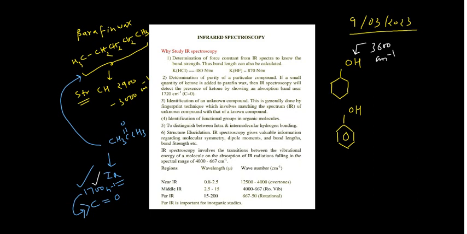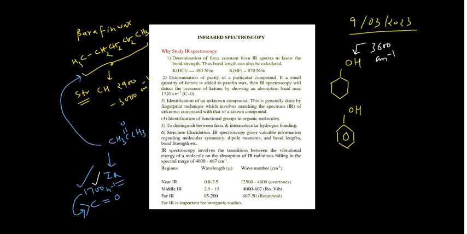Now next is point 5, to distinguish between intra and intermolecular hydrogen bonding. Later I will discuss this in much more detail, but right now you can understand it in this manner. If you want to find whether the hydrogen bonding present in the molecule is of intra type or inter type, then you can use IR spectroscopy.